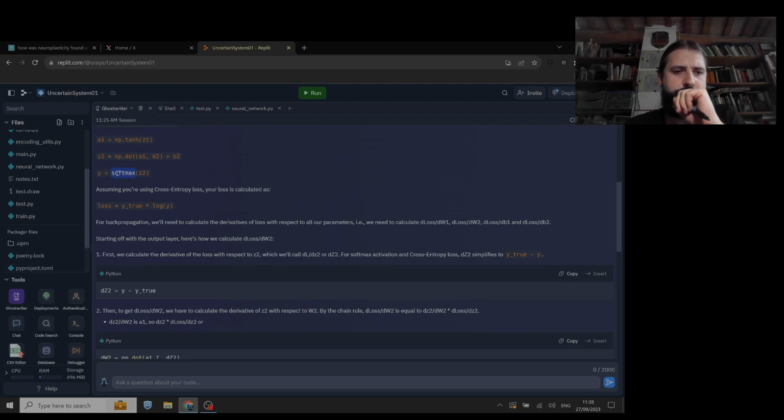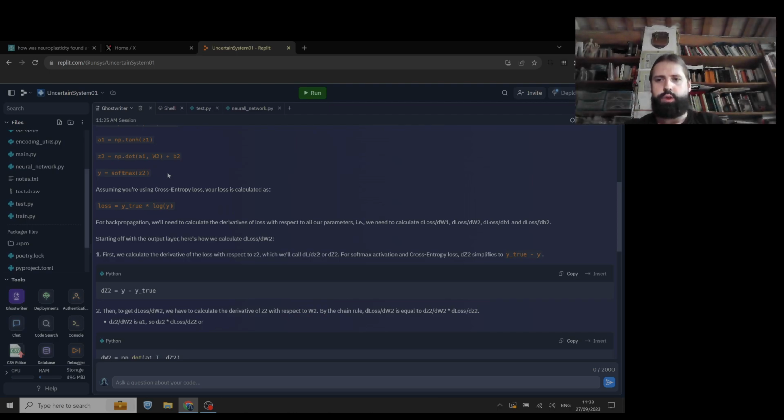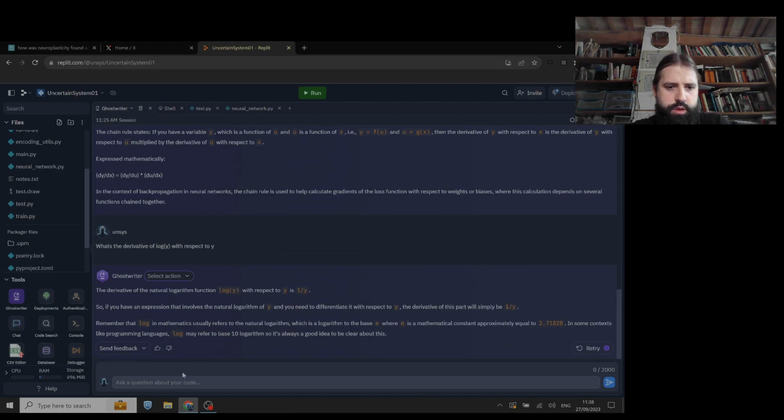The derivative of softmax and cross entropy loss. It's a form of cross entropy loss. Is it really like that?